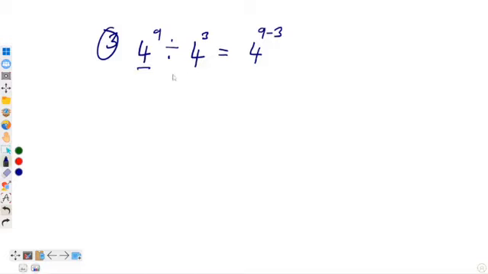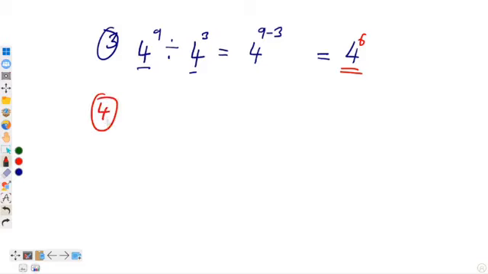Same bases, the base 4. So we subtract the powers if we are dividing indices with the same bases. So we are going to have 4 to the power 6, because 9 minus 3 gives us 6. So we have 4 to the power 6 as our answer.